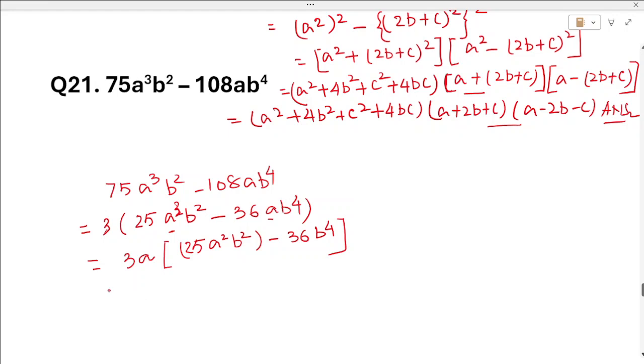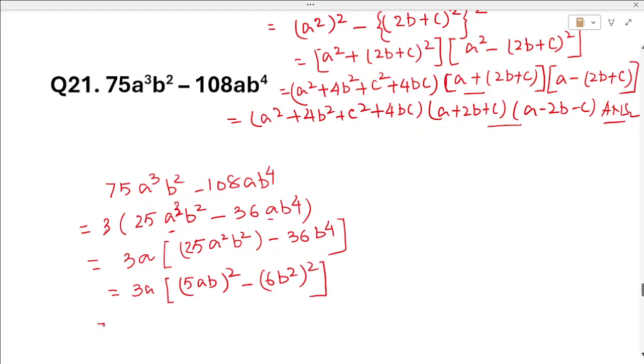Now in the third step, 3a, express 25a square b square as square of 5ab, okay, minus 36b to the power 4 can be expressed as square of 6b square.